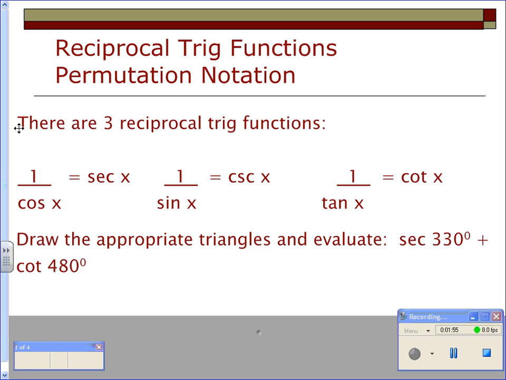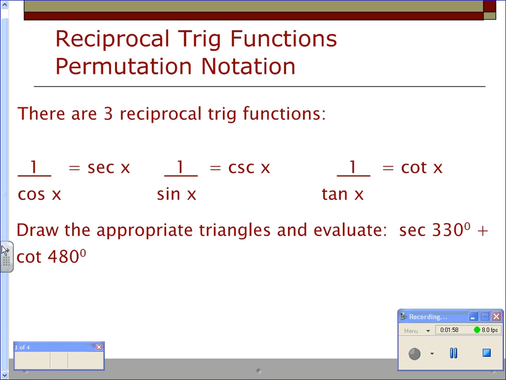All right. So we want to evaluate secant of 330 degrees plus cotangent of 480 degrees.